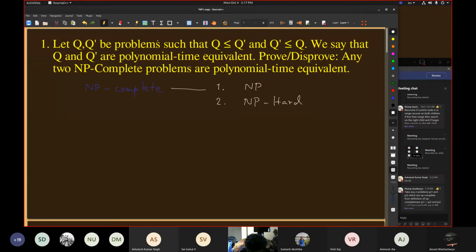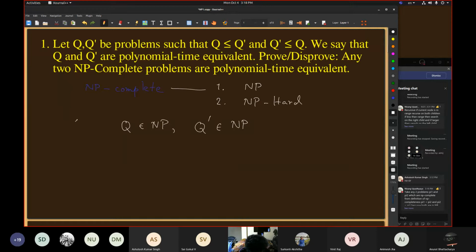So if I now look at the problems Q and Q prime, it is given that both are NP complete. So I know Q is in NP, Q prime is in NP by requirement 1.